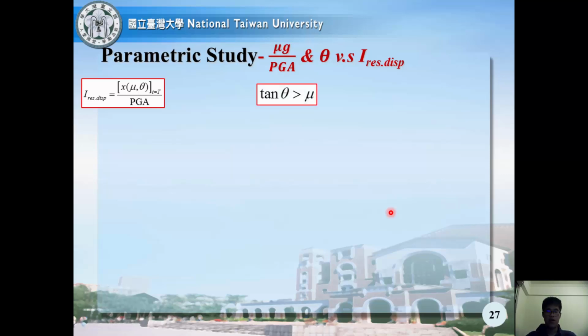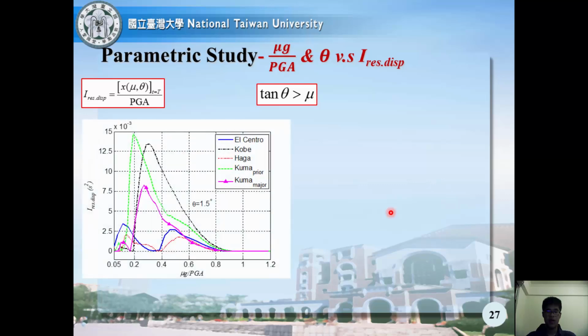We know that the system needs to satisfy the condition of tangent theta greater than mu to satisfy a perfectly recentering capability. And these values show the value of mu-g over PGA which may lead the system to satisfy this condition. However, by the x-axis, we may see that the system has already failed to satisfy this condition.